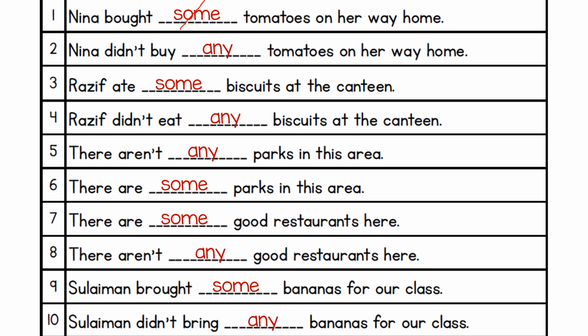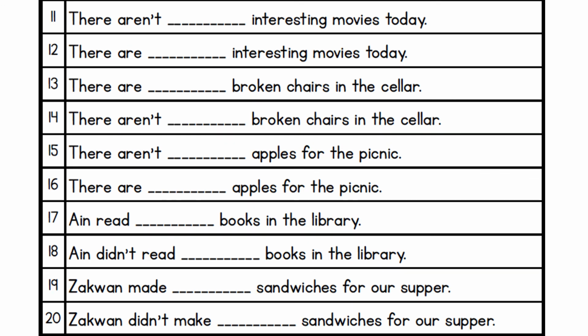Sulaiman didn't bring any bananas for our class. Remember to tick your answers if you have it correct. Number 11. There aren't any interesting movies today.